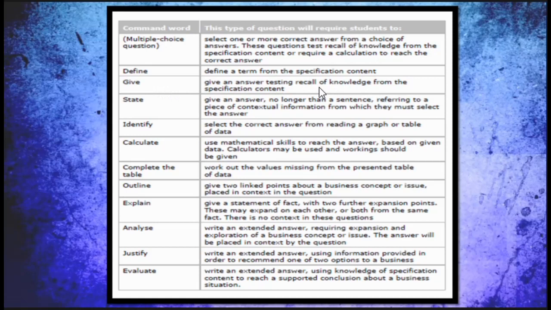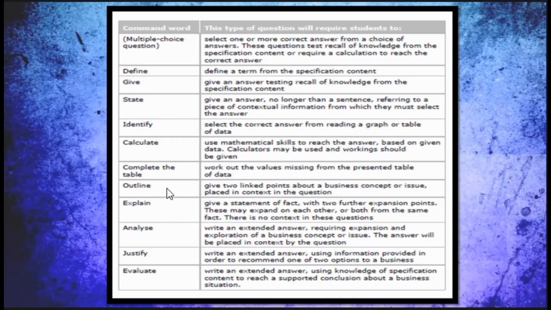That means it is almost testing your application. Then state: give an answer no longer than a sentence referring to a piece of contextual information from which they must select the answer. Identify: select the correct answer from reading a graph or table of data. Calculate: use mathematical skills to reach the answer based on the given data.